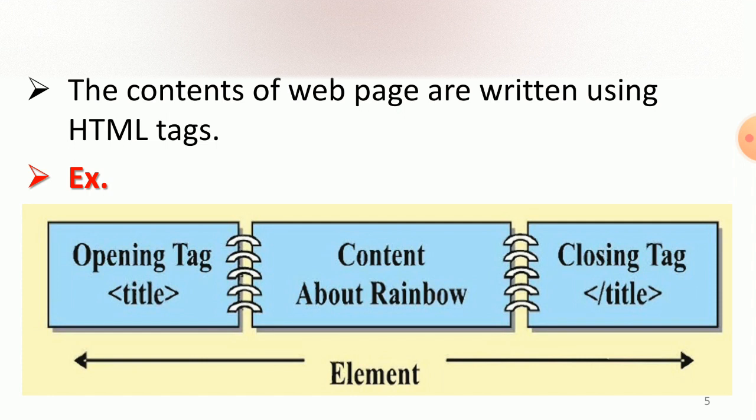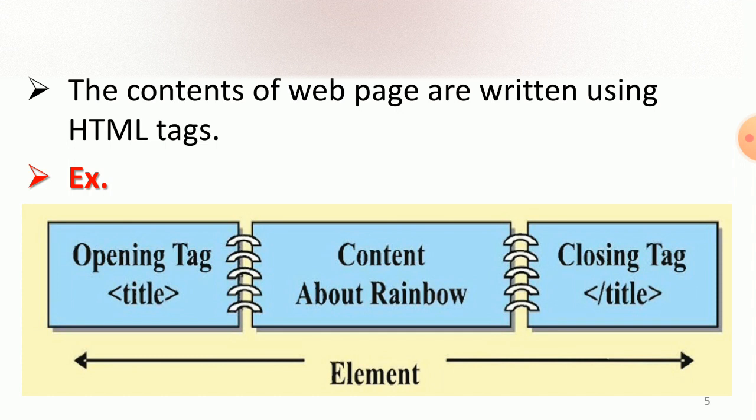The following figure illustrates the structure of a tag and element. First box is an opening tag, that means title. Second box is the content, that means about Rainbow. And the third part is a closing tag, that means slash title.